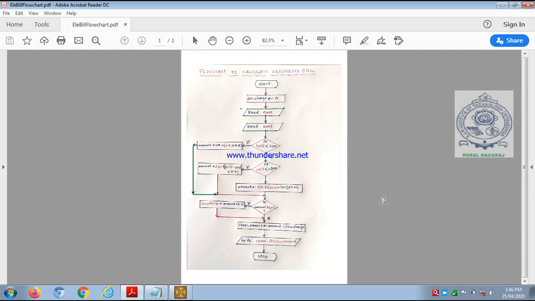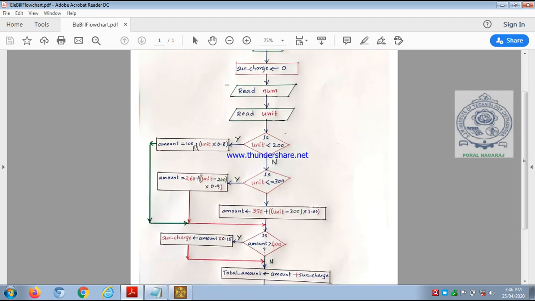So surcharge assigned a value 0, read name, read unit. Is unit less than or equal to 200? If yes, then amount is equal to 100 plus unit into 0.8. If no, it is greater than 200, suppose 250.